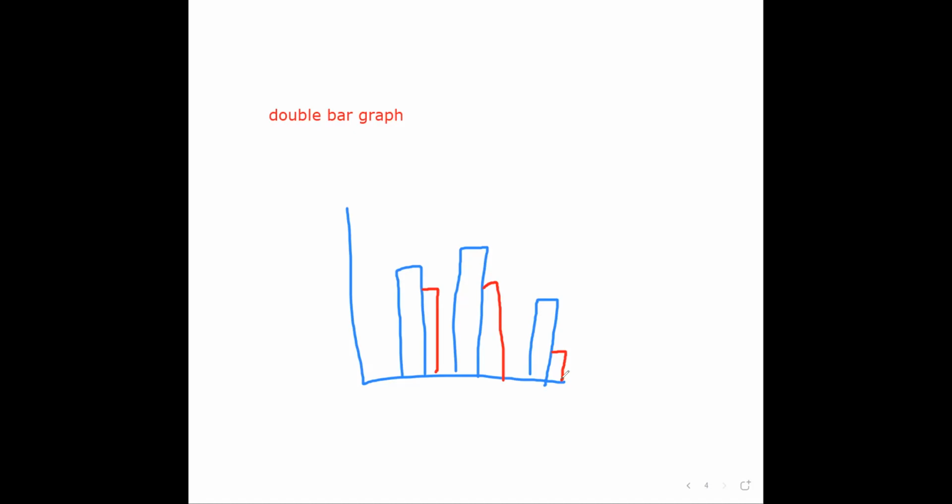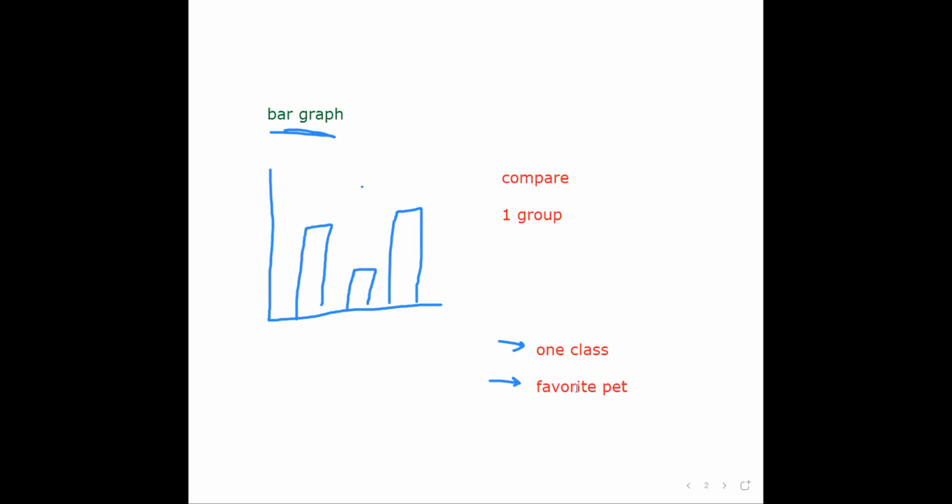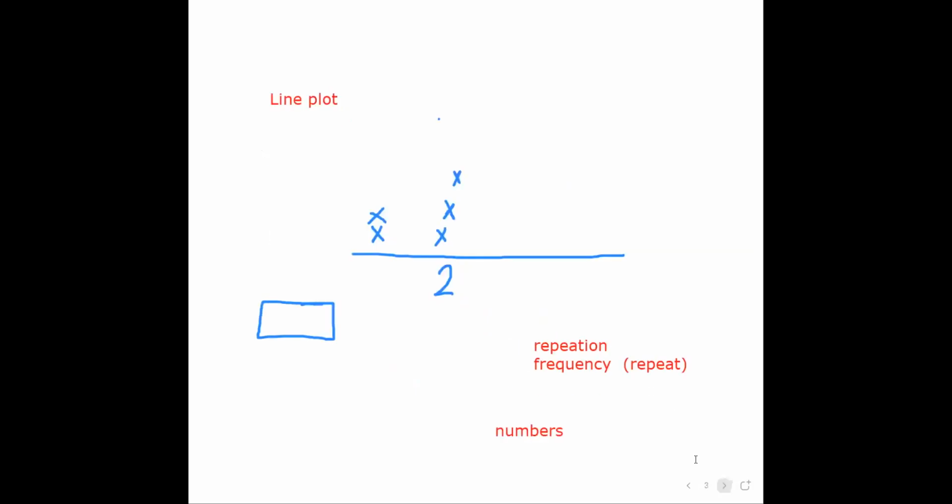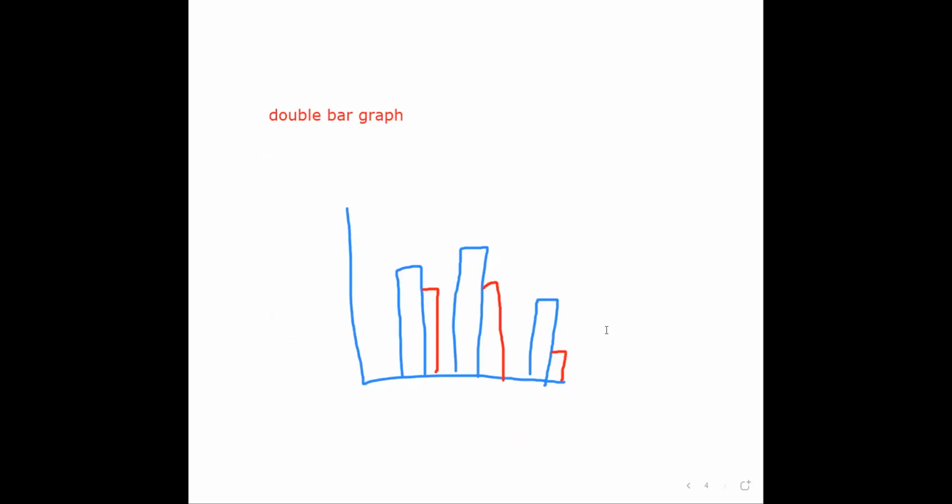The double bar graph is just like the bar graph, except one thing. In the bar graph, I'm talking about one class. But in the double bar graph, I'm talking about 2 classes.